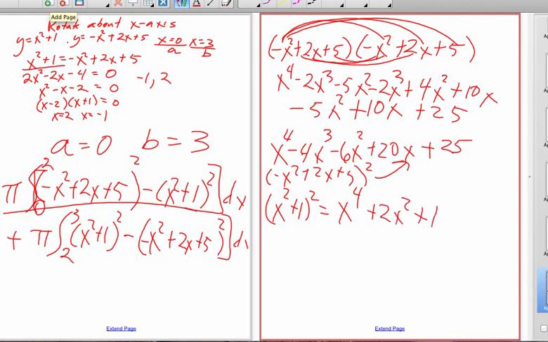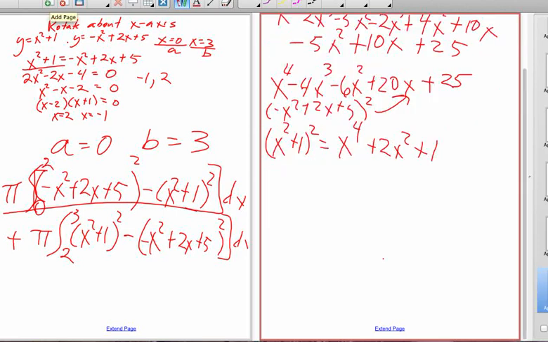And then we subtract these two. So I'm going to have x to the 4th minus 4x cubed minus 6x squared plus 20x plus 25 minus x to the 4th minus 2x squared minus 1.